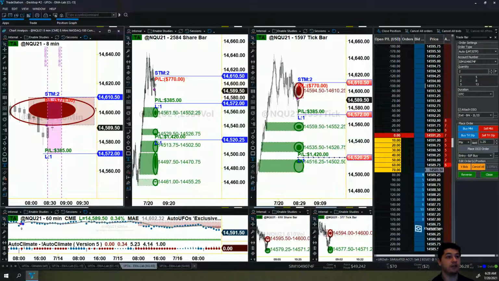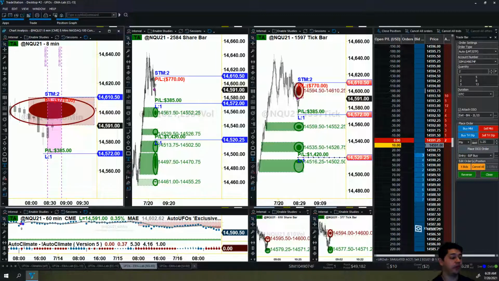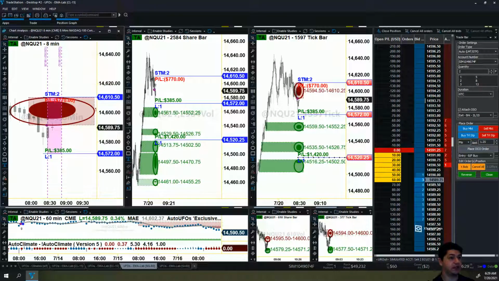You do want to have at least one safety target. You can certainly run multiple trades at the same time. Just have one safety target already taken or be out of a trade before you take another trade is what I would say. All right. So that's that for now.